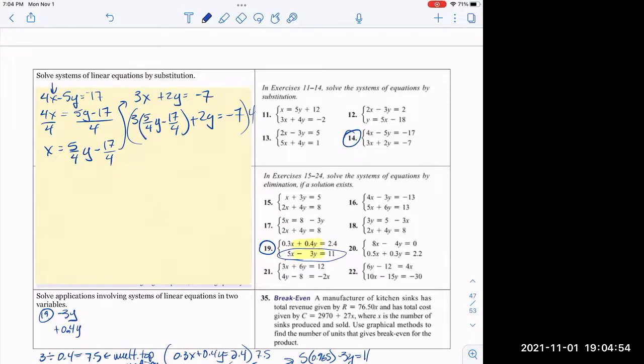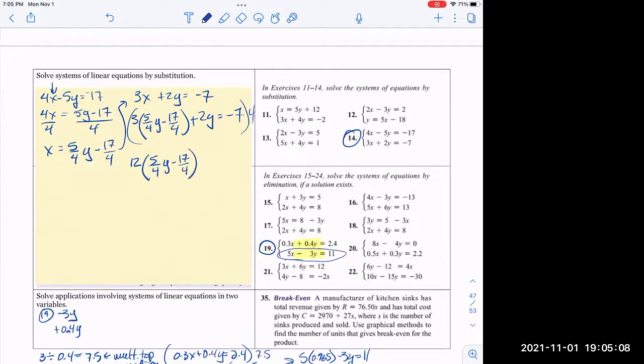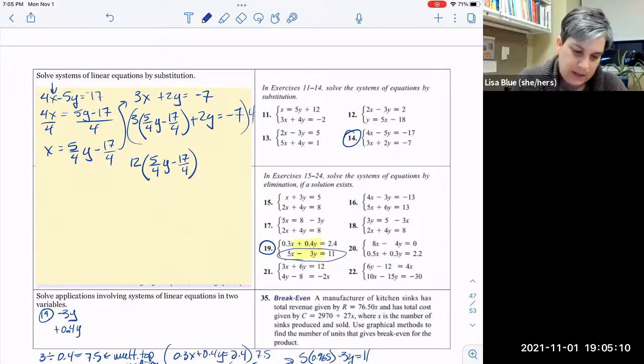Okay. And so if we do that, we wind up with 4 times 3 is going to give us 12. This will get rid of those fourths in a second.